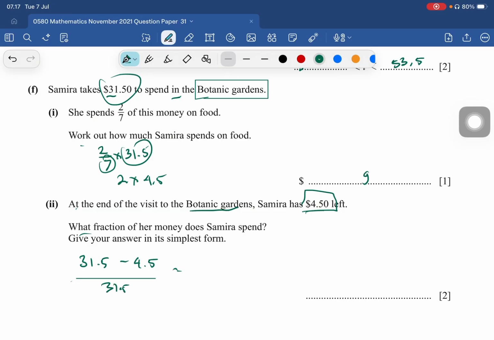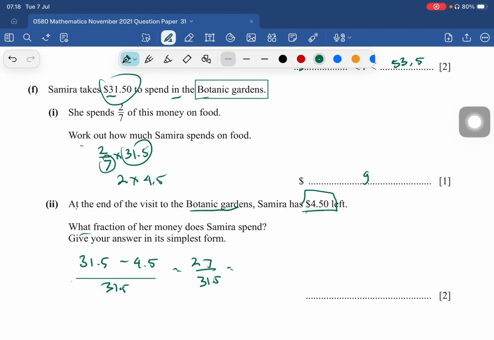So we have 31.5 minus 4.5 equal to 27 over 31.5.